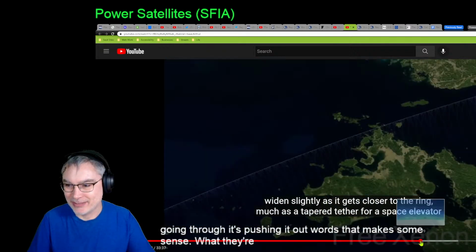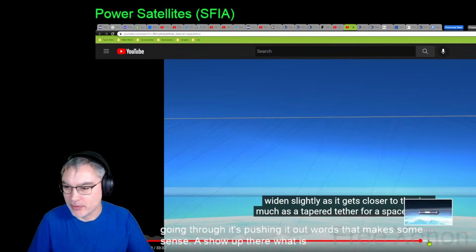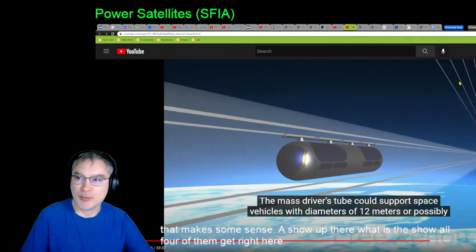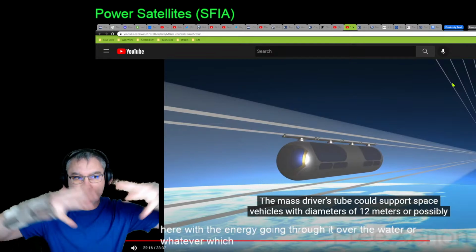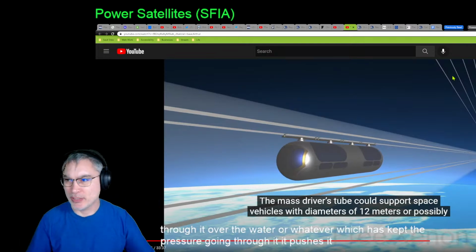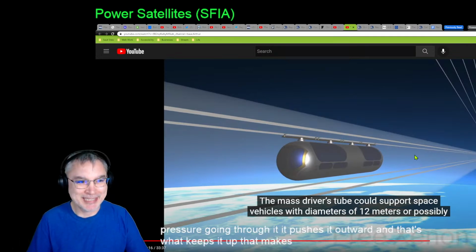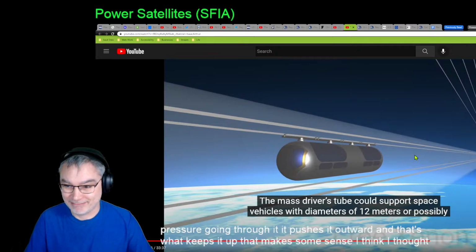Where does it show all four of them? Yeah, right here. So you've got the four things here with the energy going through it, or the water or whatever, and the pressure going through it pushes it outward, and that's what keeps it up. Does that make some sense? I think that's how it works. I think.